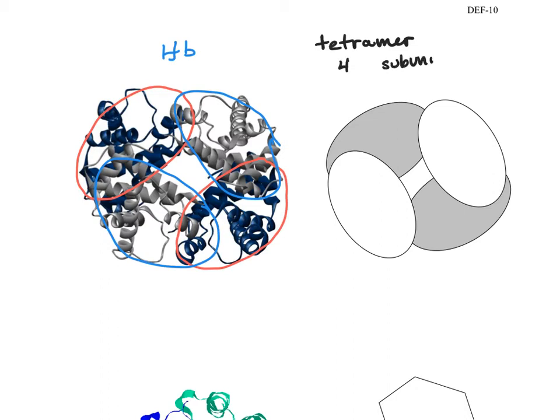Tetra means 4. Mer is a suffix we use for subunit, or really it means chain. Now, there's lots of other suffixes and prefixes we can use, and we'll practice that at the bottom of the page. But this is a tetramer, and that means 4 subunits.